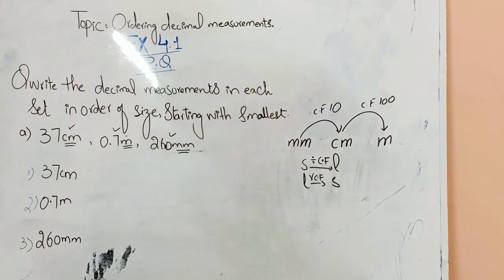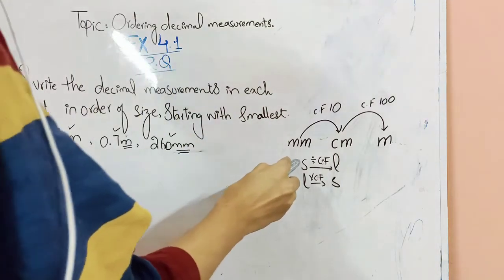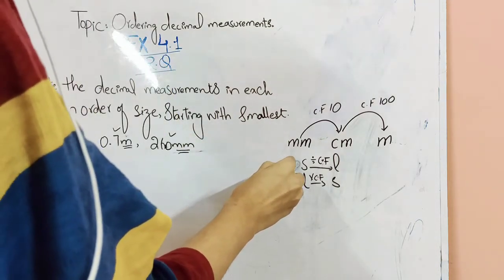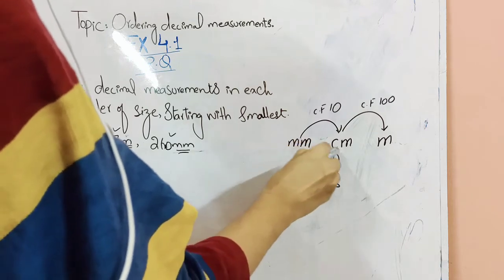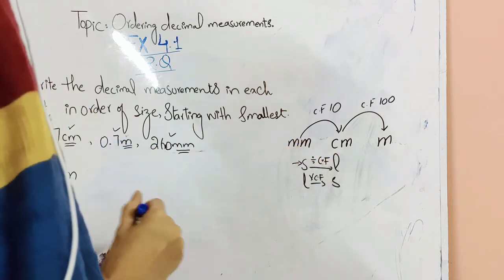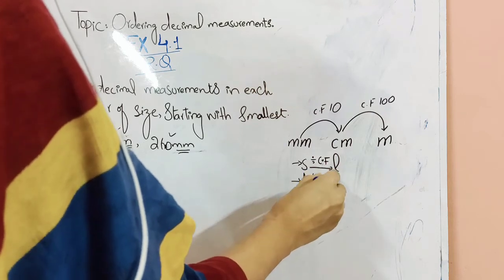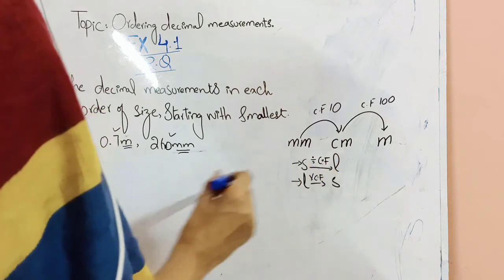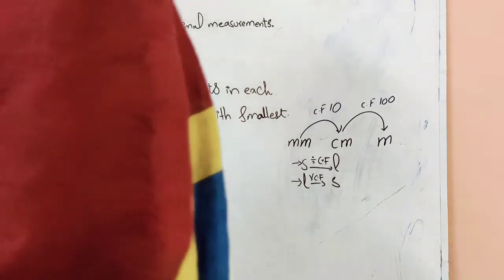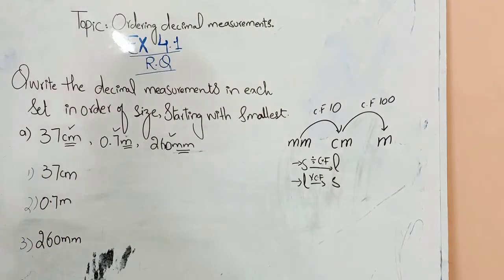You have to remember, if you are converting from smaller to larger, you divide by the conversion factor, and if you are converting from larger to smaller, you multiply by the conversion factor. So let's look at this question.